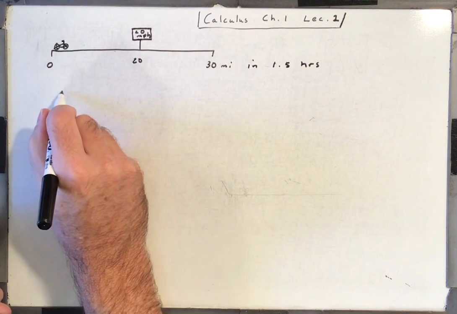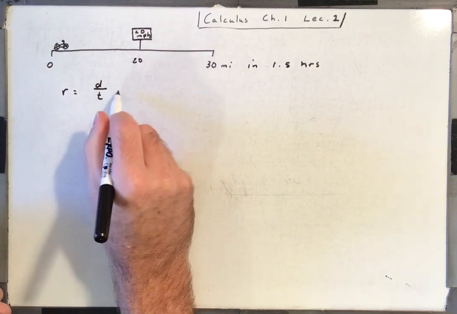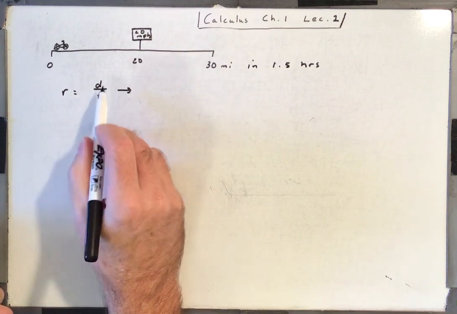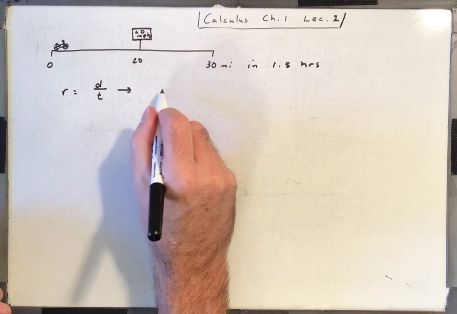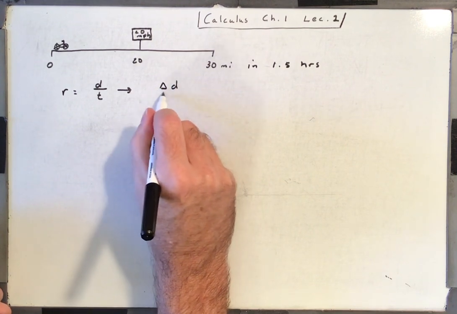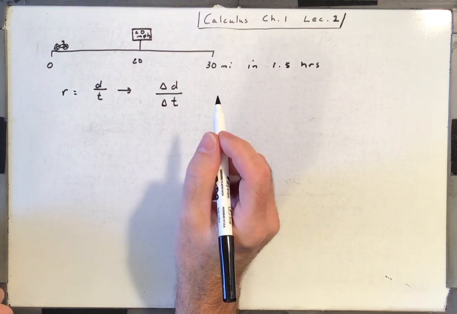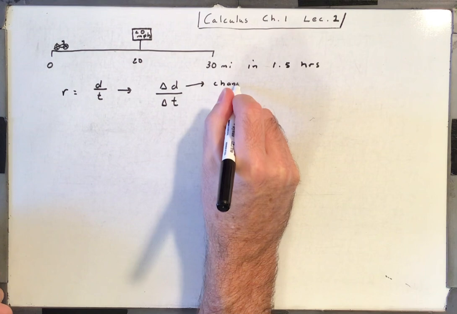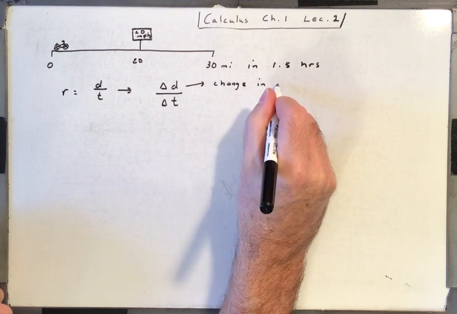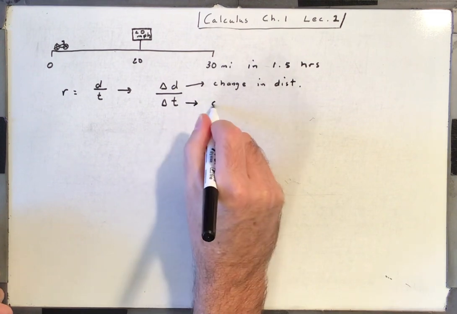Okay, we know that rate equals distance over time, but that is not the whole truth there. It's actually the change in distance over the change in time. That's how you get the rate. Okay, so delta D, change in distance, delta T, change in time.